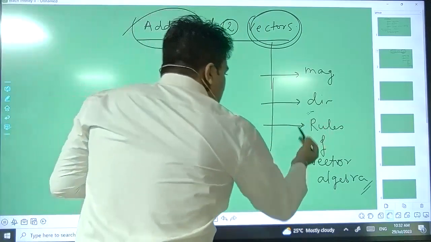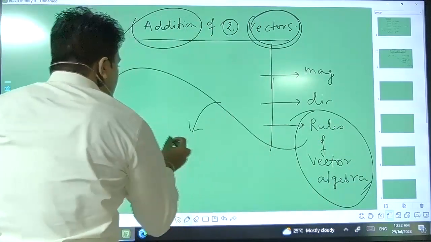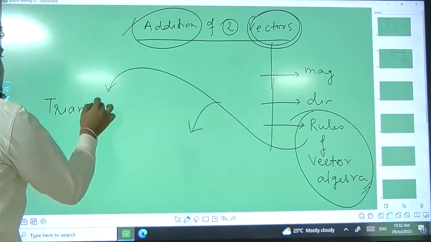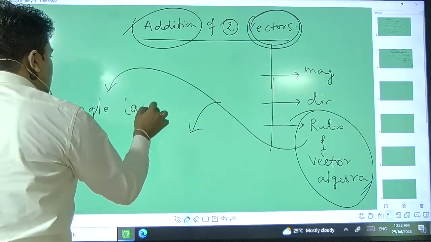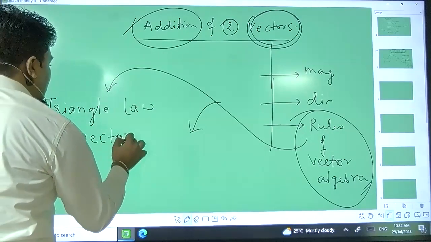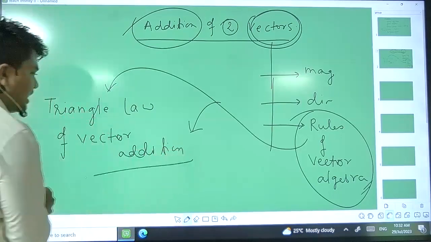There are two specific rules of vector algebra. The first one is the triangle law of vector addition.